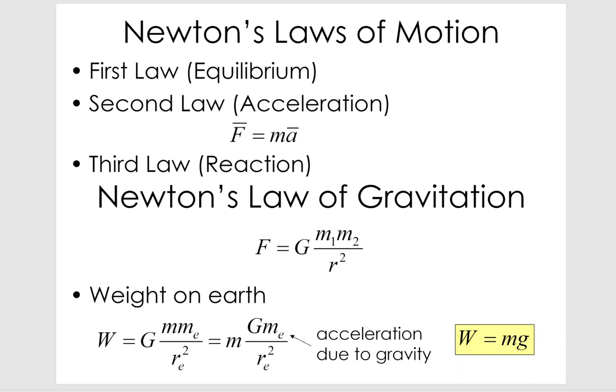Now, the second law is the equation that many of you may know, some of you may not, and it's basically defined as the force on an object is equal to the mass times the acceleration of the object. This is basically what gives us our definition of mass, which is that force and acceleration are related to one another, right? If I put a force on something, it'll accelerate based on how much mass it is.